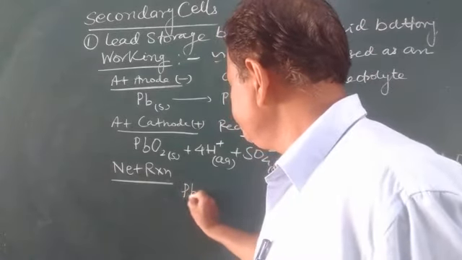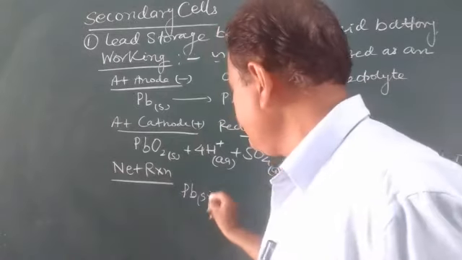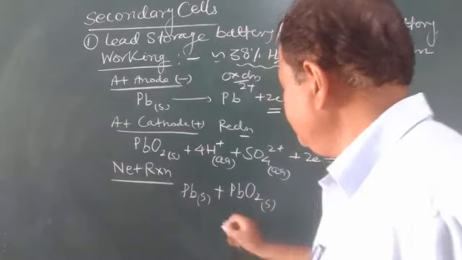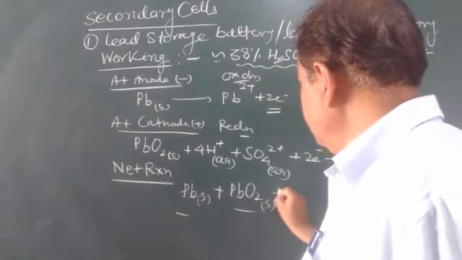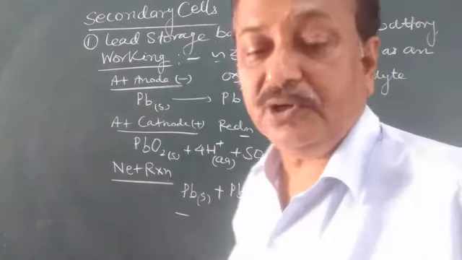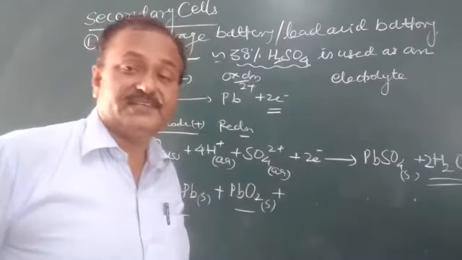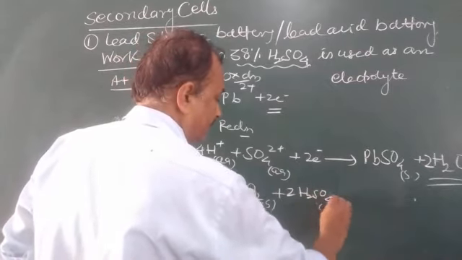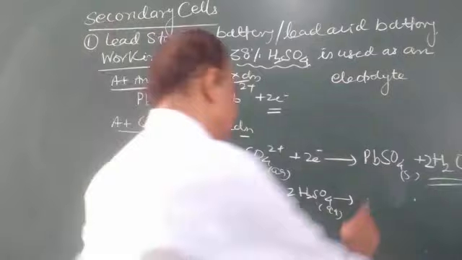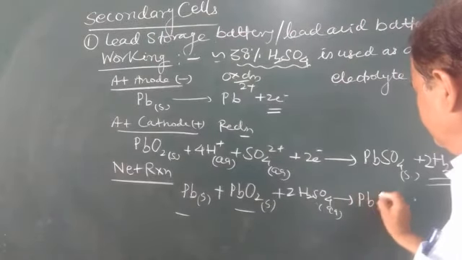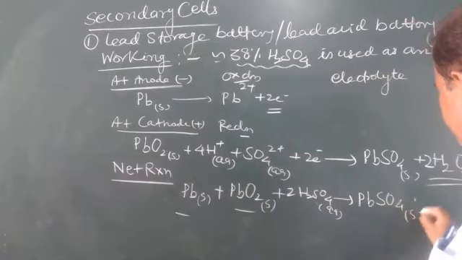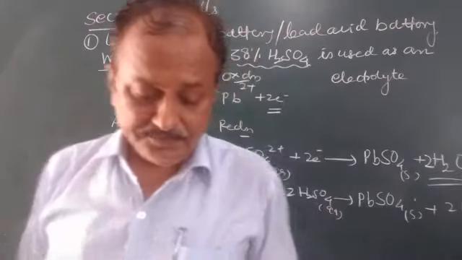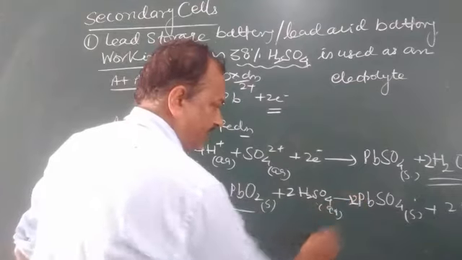So Pb solid from the anode, then there will be PbO2 solid, this is from the cathode, plus there will be sulfuric acid, because 38% sulfuric acid is used as an electrolyte, aqueous, and as a result we have to write PbSO4 plus 2H2O. Of course we write 2 here to balance.